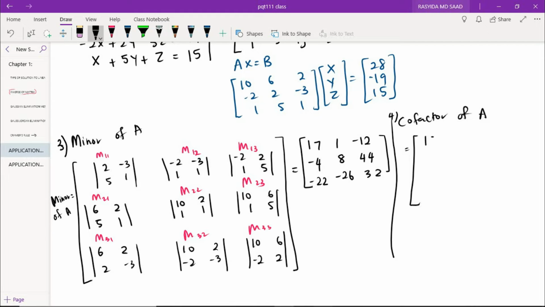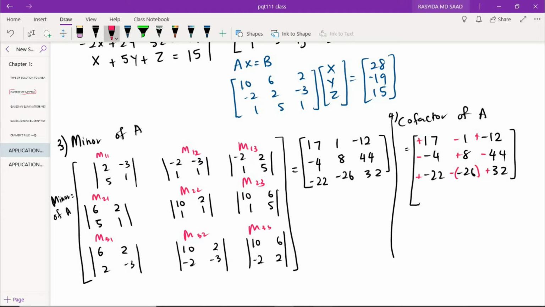So it will be 17, 1, negative 12, negative 4, 8, 44, negative 22, negative 26, 32. So using that one, plus minus plus minus plus minus plus minus plus.